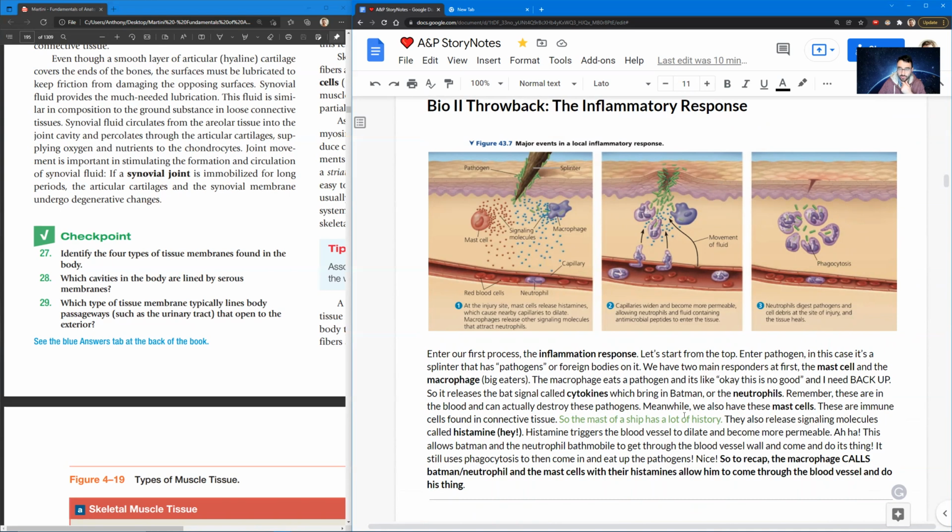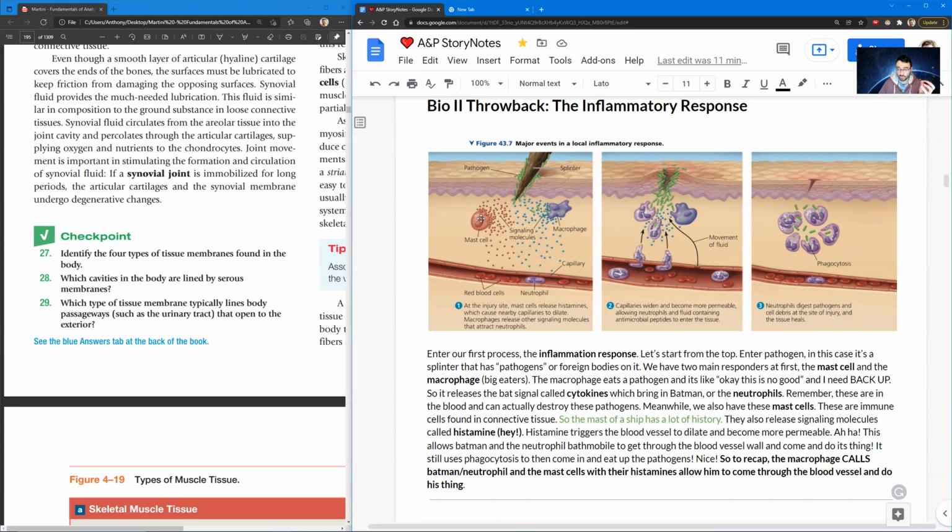Meanwhile, we also have these mast cells, and these are immune cells found in connective tissue. These are these big red ones here. They're not in the blood. They're already in this connective tissue. And they release signaling molecules. So cytokines are one type of signaling molecule that are released by macrophages.